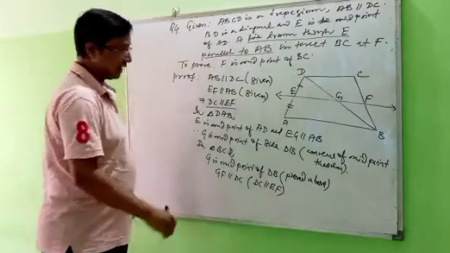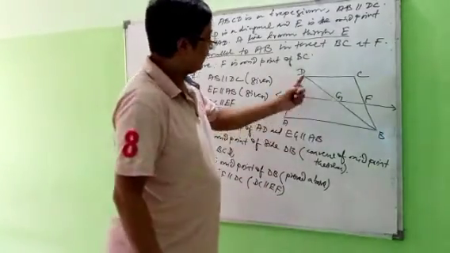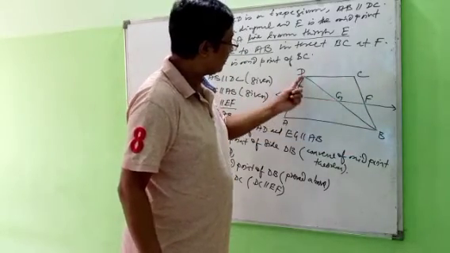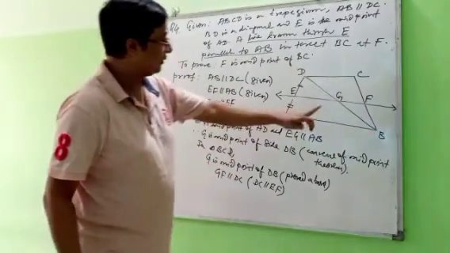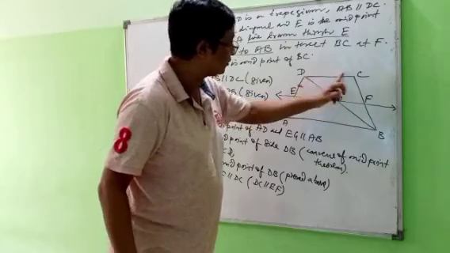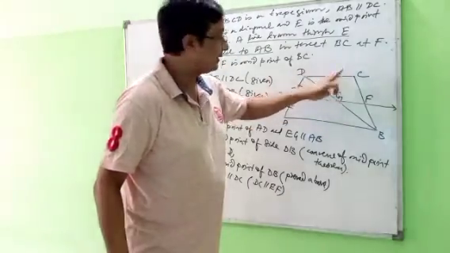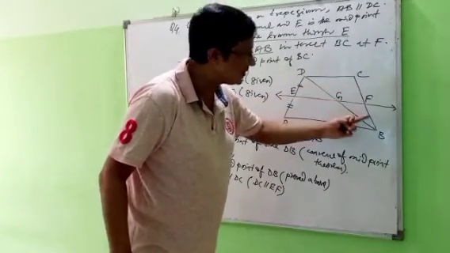Now you see, according to the converse of the midpoint theorem, this is the triangle BCD, where G is the midpoint of the side DB. Through this point G, you have drawn the line parallel to the second side, that is the side DC. Then this line will bisect the third side. The third side is BC.